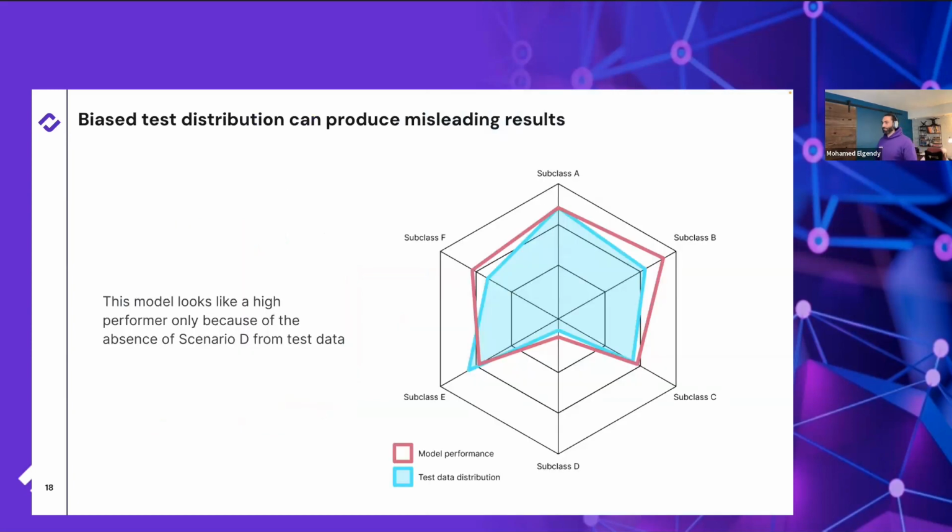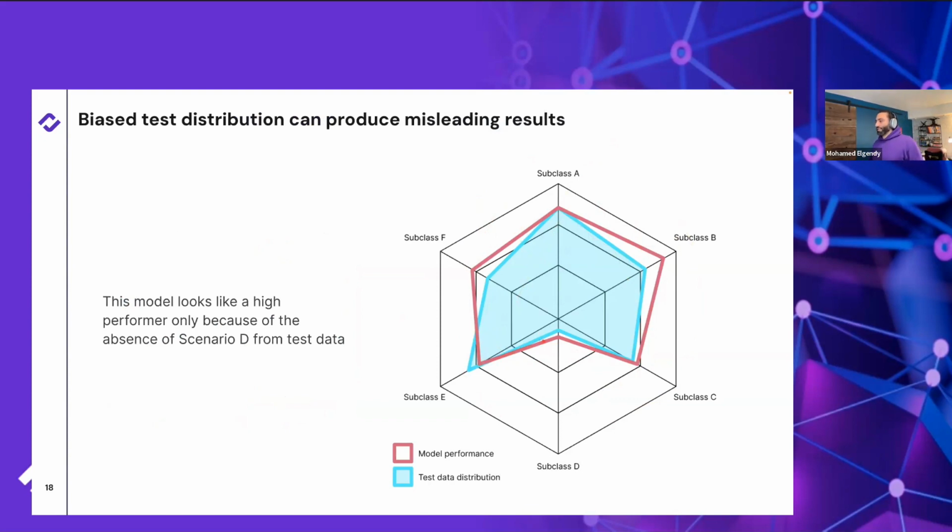Now, having broken this down, that allows us to look at the distribution of these scenarios in our test data. In this example here, we have probably 7 test cases or unit tests. The red curve represents the model performance, and the blue curve represents the distribution of the scenarios in our test.